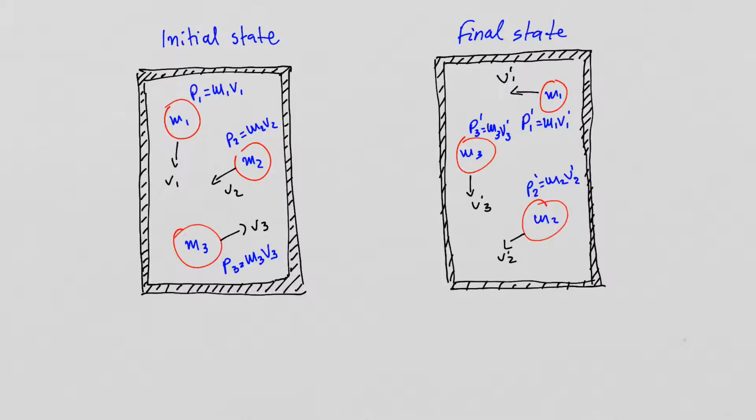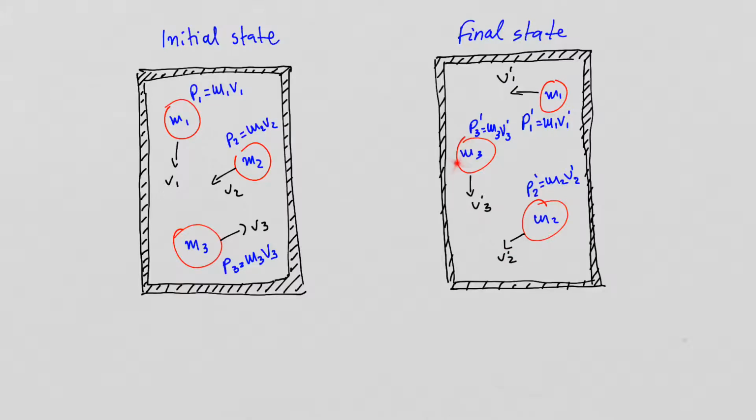And so here is my system. After some time, the particles have moved around. They have, in general, different velocities. So the molecule with mass M1 now is here, moving in this direction with a new velocity, let's call it V1 prime. Molecule number 2 is moving in that direction with a new velocity V2 prime.